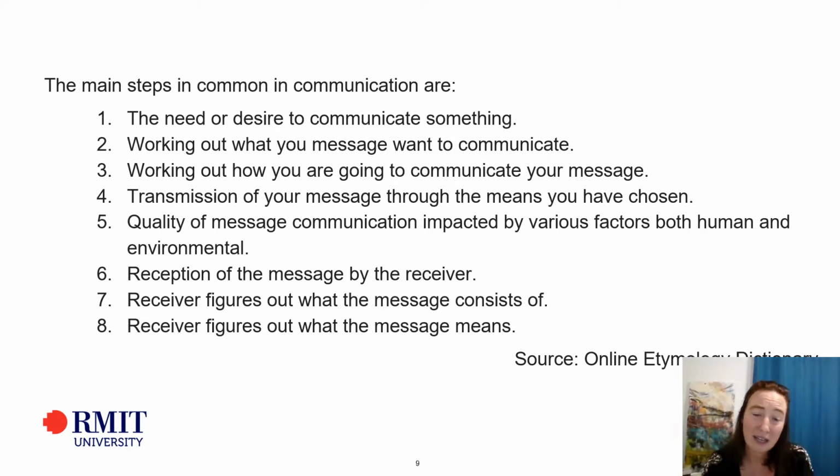And when we're communicating with someone who has really different communication needs to ourselves, then we can use this as a little bit of a checklist, if you will, as to, okay, at each stage in the communication process, how can I make sure that my communication is as effective as possible?